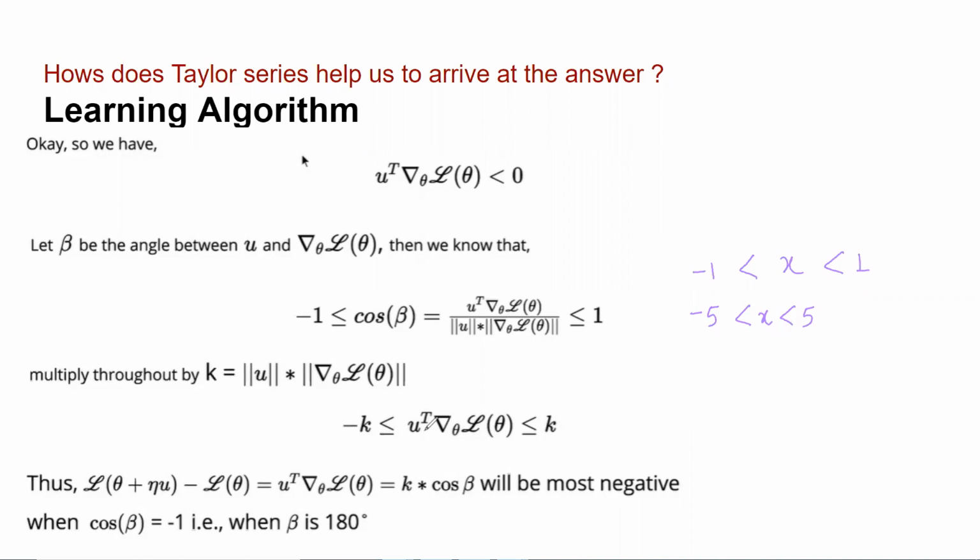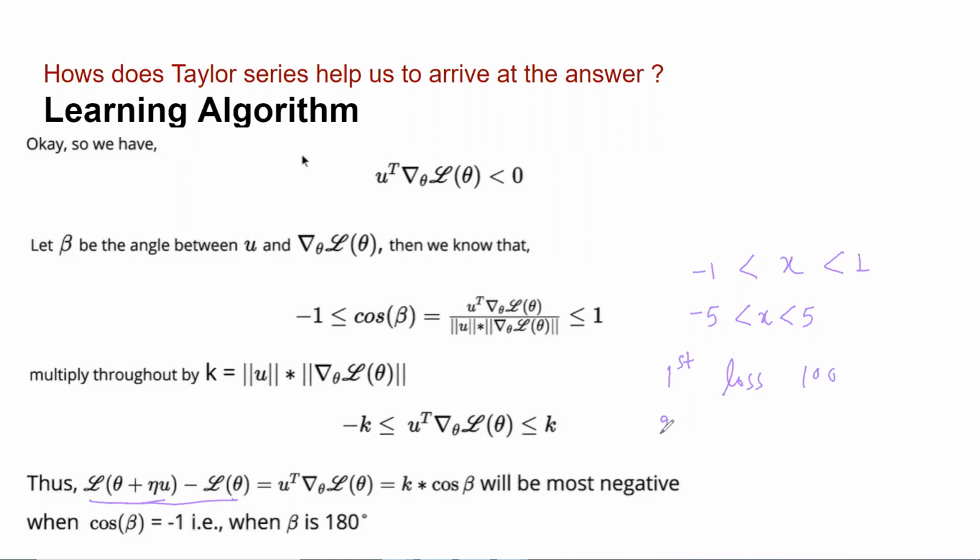Now, what we want is for this value to be as low as possible. We want to reduce the loss in every successive iteration as much as possible. Initially, in the first iteration, the loss was, let's say, 100.